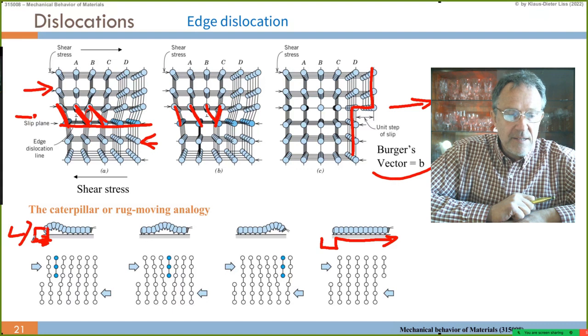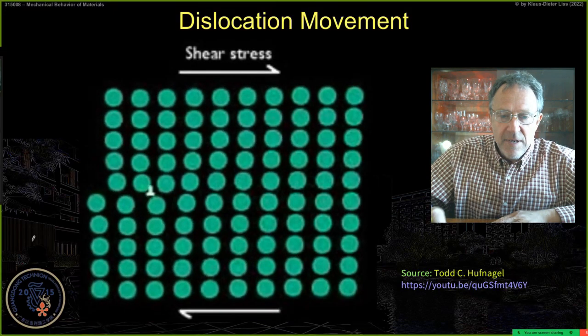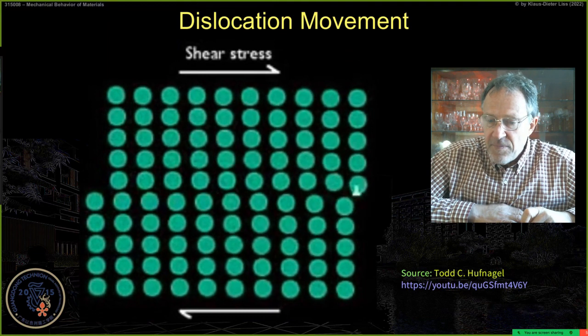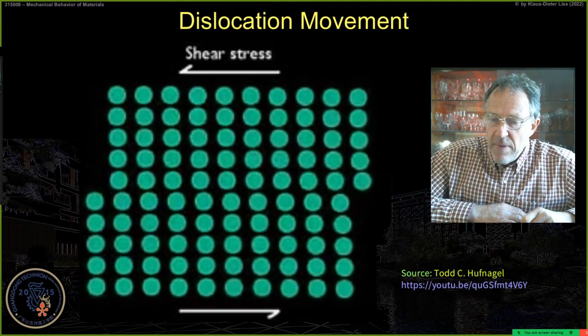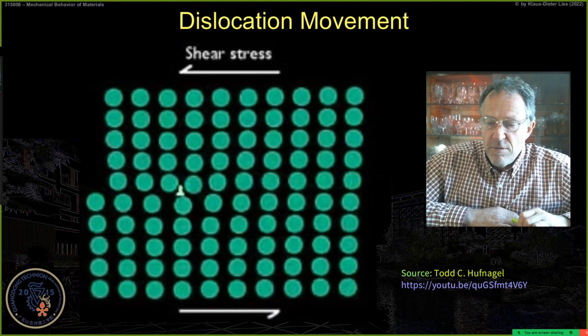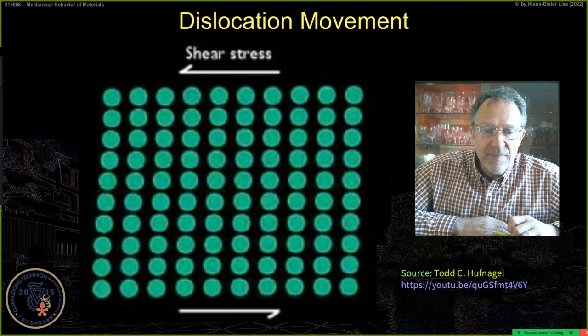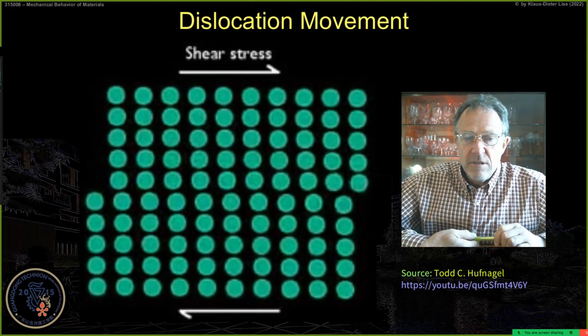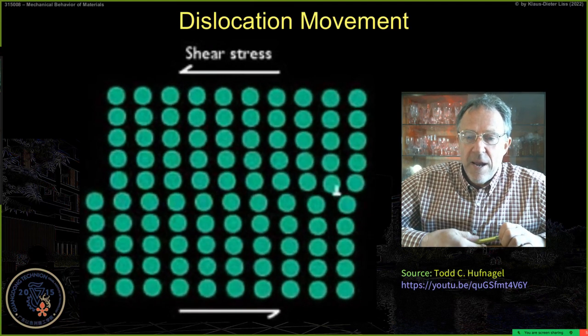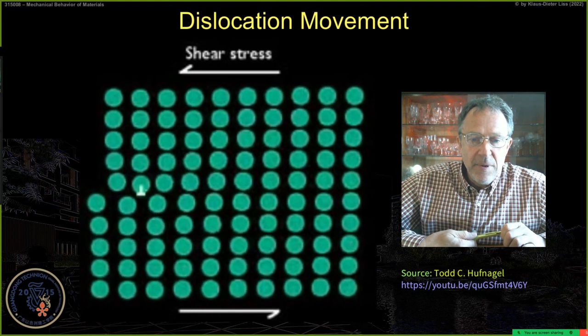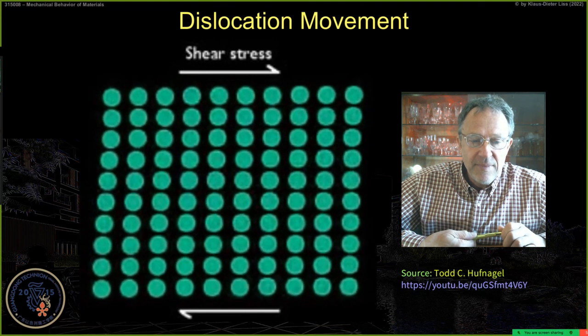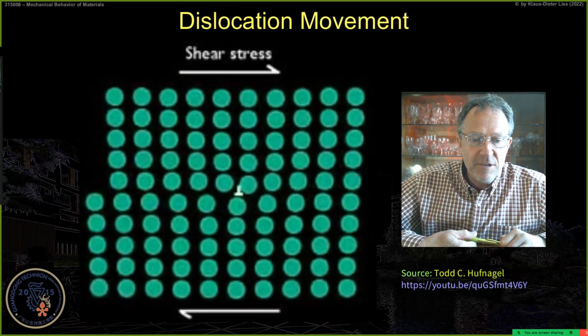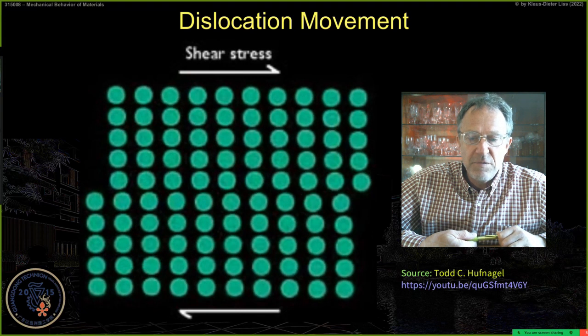And again, this is demonstrated in the crystal at the bottom, but I think I have this movie here. There it is, made by Todd Hufnagel. So now I show to the top and at the bottom, these white arrows are the application of shear stress. And let's start now. Shear stress goes to the right and the dislocation moves to the right.